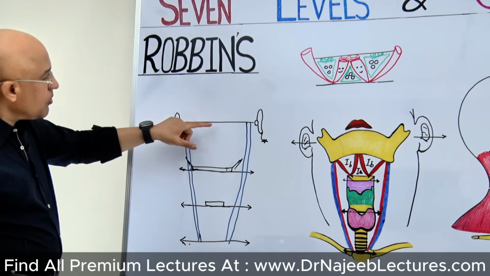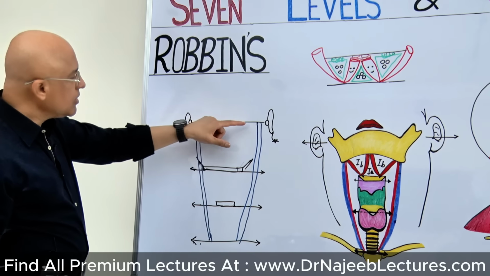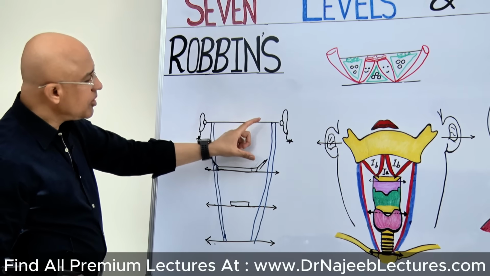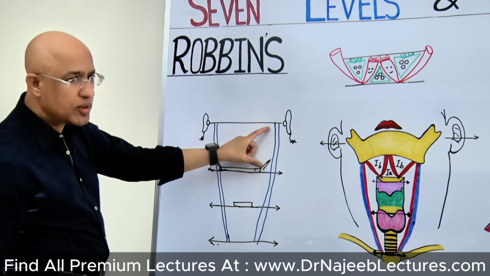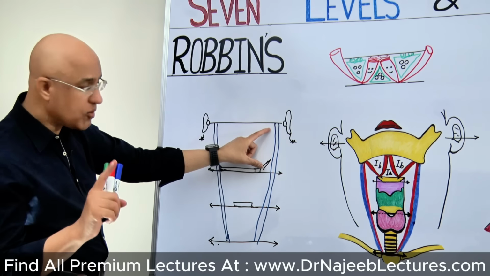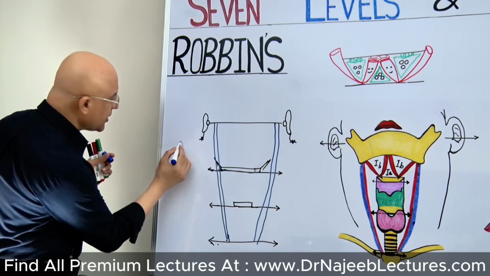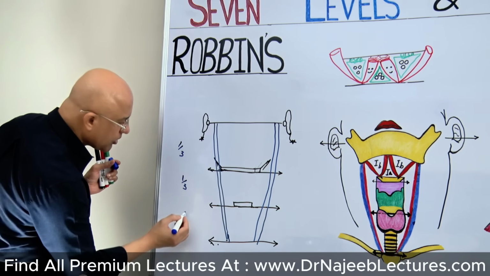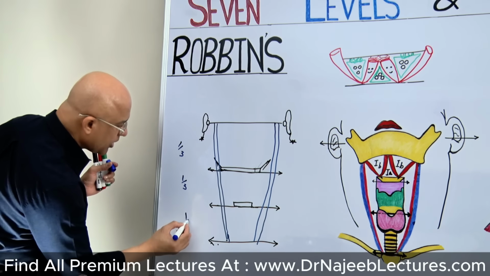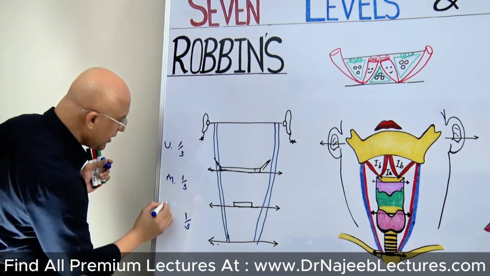Now, those lymph nodes which are present along the upper one-third of the internal jugular vein, this is upper one-third, this is middle one-third, this is lower one-third.